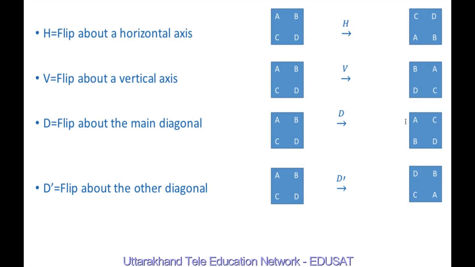If we flip it about the main diagonal, we will get this position. If we flip it about the other diagonal BC, we will get this position. So if we flip twice, we get the identity, which means we get the same position.